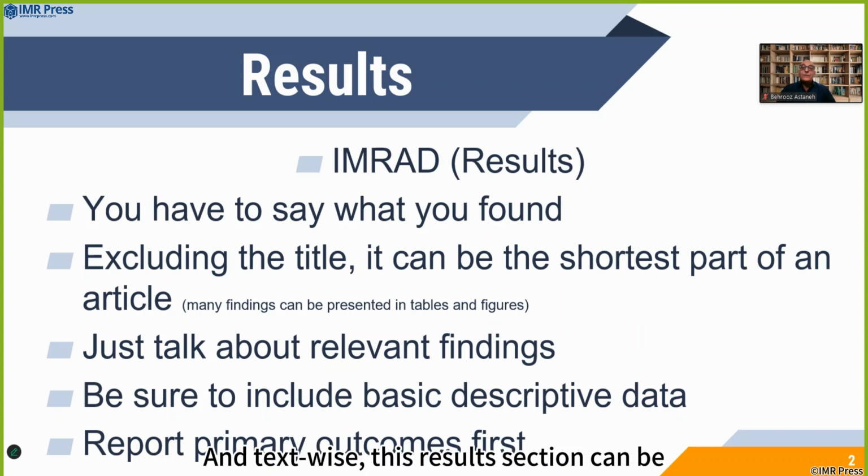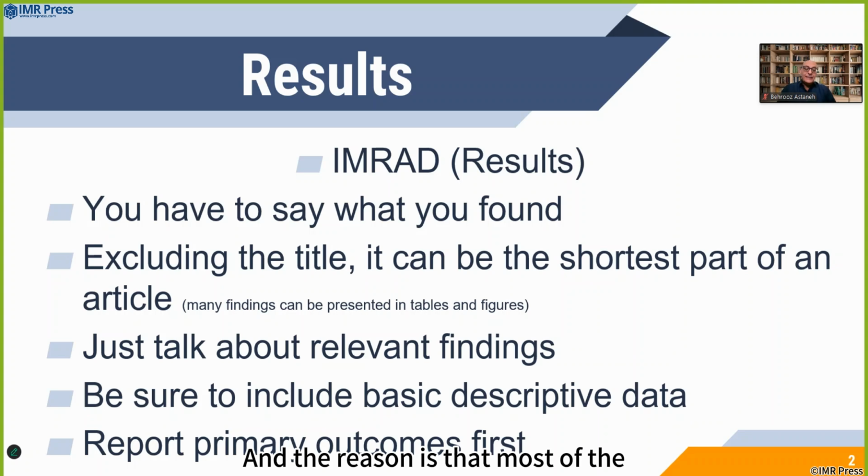And text-wise, this results section can be the shortest part of your article, excluding the title. We all know that the title of your study is the shortest part of your article. However, excluding the title, the results section can be the shortest part text-wise.